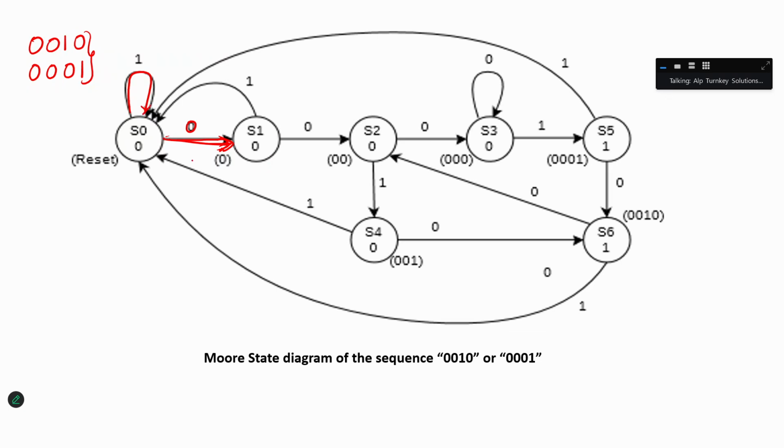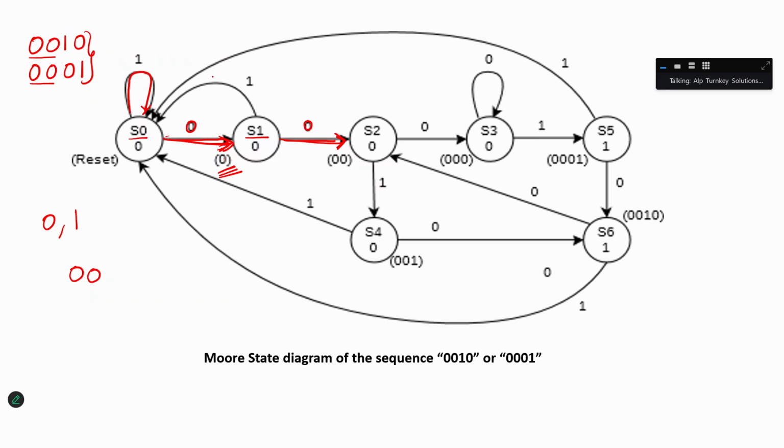And next you see at S1, here I got 0, and at S1 I am checking for 0 and 1. If it is 0 0, I got the sequence, so it will go to the next state. As this is a Moore machine, only inputs are indicated with the arrow mark, and the outputs are indicated within the states.